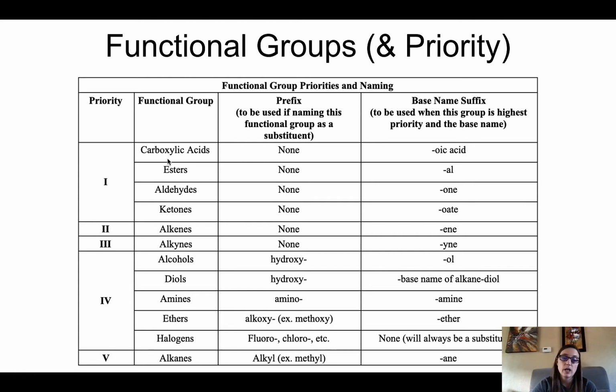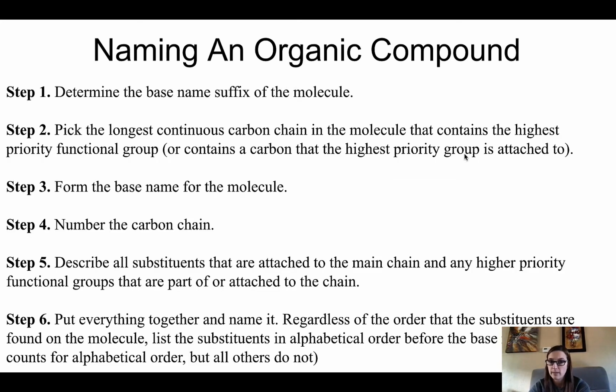But if we have something like a carboxylic acid, acetic acid is actually a carboxylic acid, but that is a top priority. Alkenes, alkynes are the second and third priority. And so this is actually the priority that we would name them. So we always have to be able to identify functional groups, find them, and then notice the prefix if it is attached as a substituent. And then the base name suffix is what we would use at the end of a name if this is the top priority.